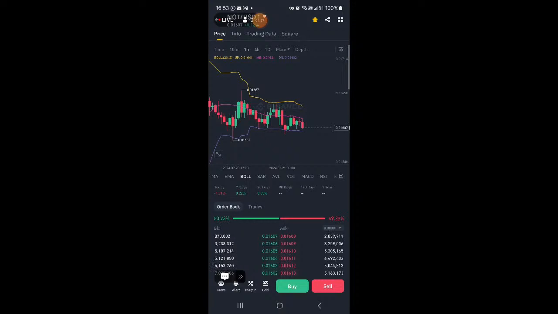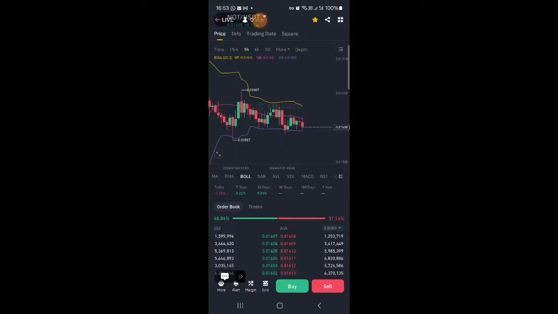Let me tell you how the Bollinger band behaves and how it helps me make informed decisions. If I want to buy, like now I want to buy NOT/USDT, I cannot buy when the price is trading at the upper band of the Bollinger band.